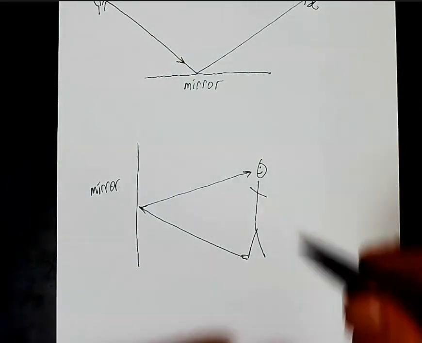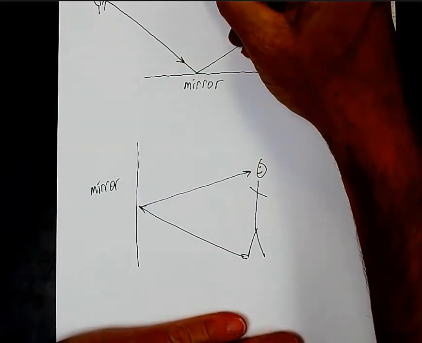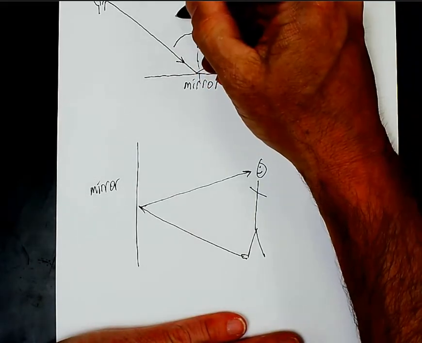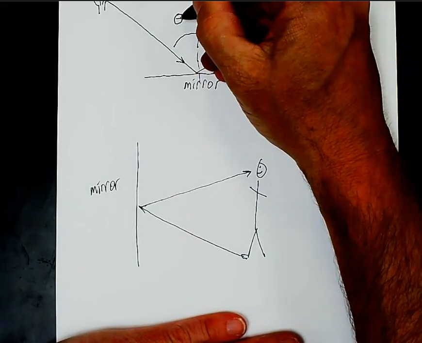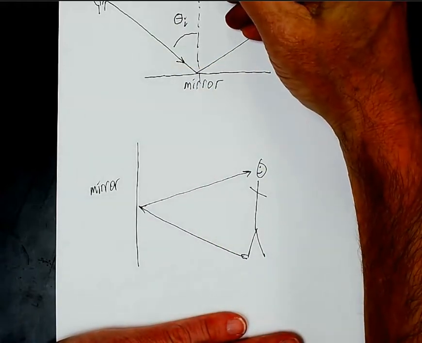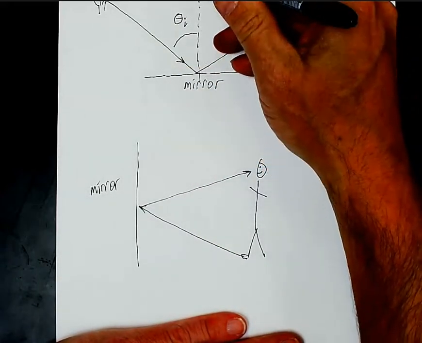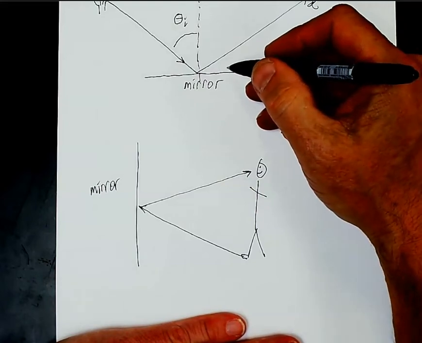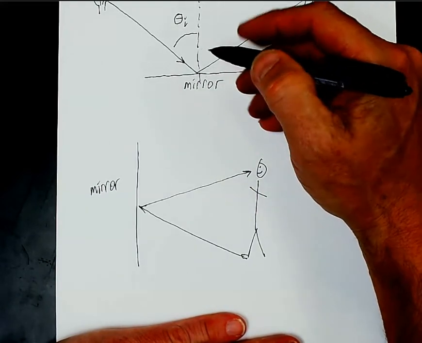The law of reflection says that the angle of incidence, I look at that ray coming in from the light bulb and I compare it to the normal. The normal is an imaginary line that is perpendicular to the surface of the reflector, in this case the mirror.